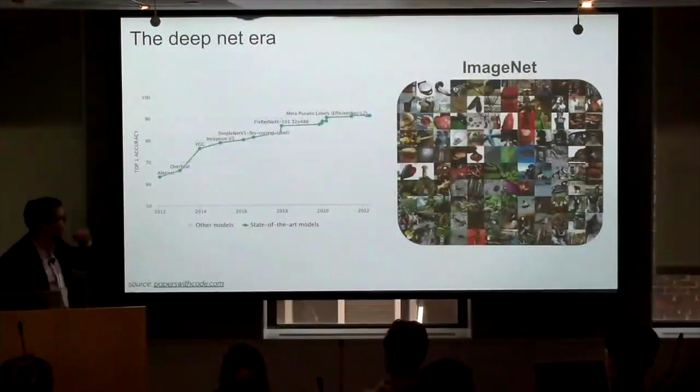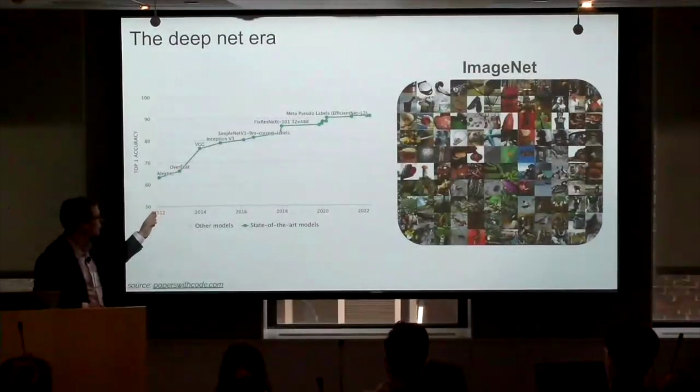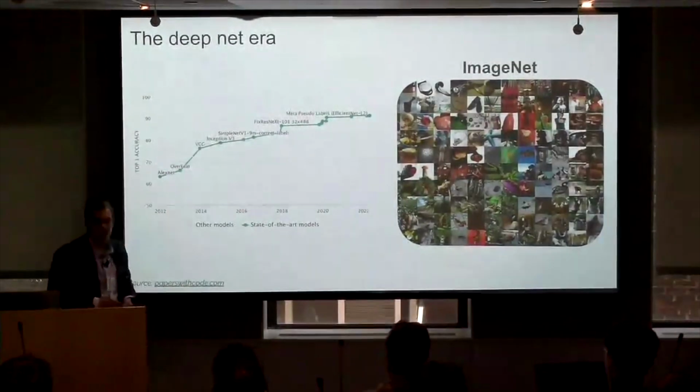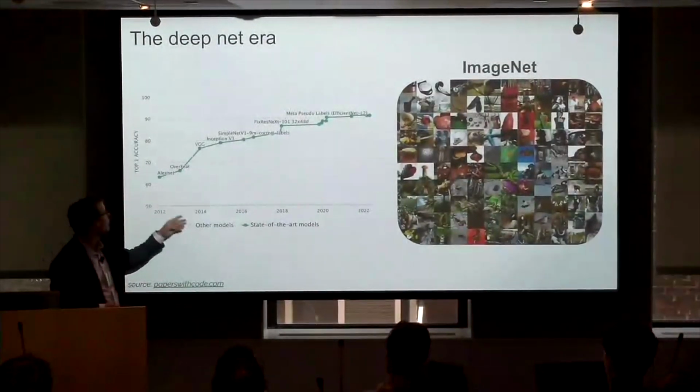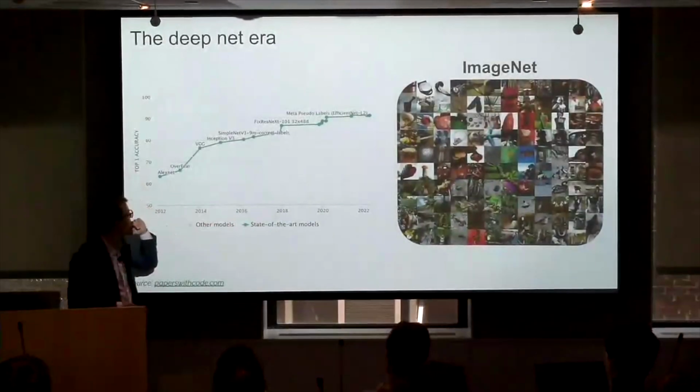I'd like to show a little summary of what has been happening over the past 15 years. This comes from Papers with Code, starting in 2012. This is the accuracy of the leading models year after year, top-1 accuracy on ImageNet as a function of date.